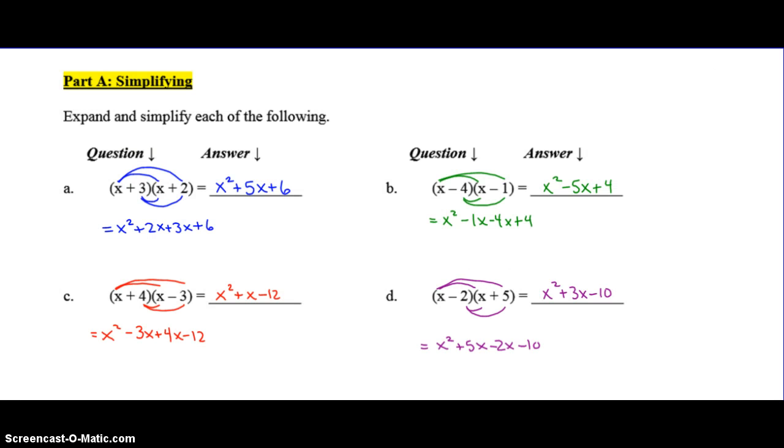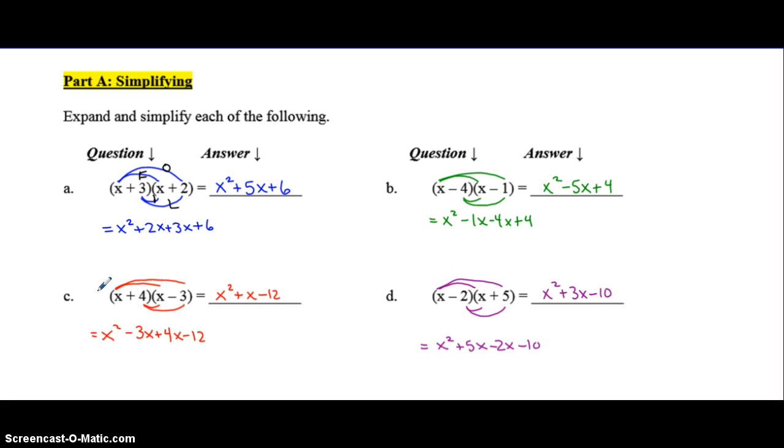Okay, so in part A, you were asked to expand and simplify each of the following, which means using FOIL because you have two binomials being multiplied. If you remember FOIL, you multiply the two first terms together, then the two outside terms, then the two inside terms, then the two last terms.